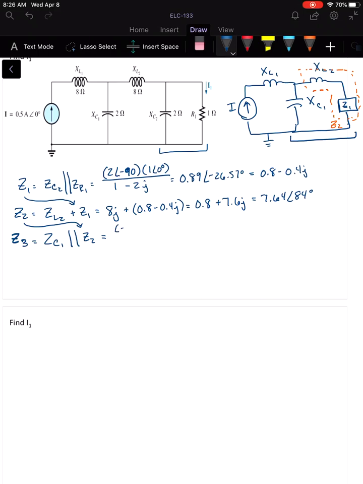So I've got a negative 2J for ZC1, and then I'm just going to put in the rectangular form here on the top. You could do either, but some calculators handle that better. Just make sure to put in Z2, you're putting the whole thing in parentheses and not multiplying by just the 0.8. Okay, so be careful about where you have your parentheses. And then on the bottom, I'm just going to sum them.